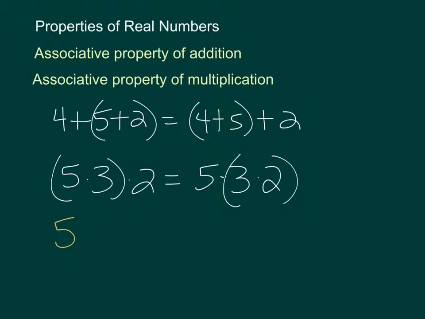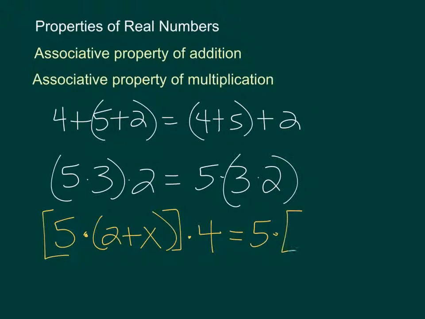If I do 5 times 2, let's say plus x, let's throw a variable in there, times 4, that equals 5 times 2 plus x, with the 2 plus x grouped in the brackets, times 4.